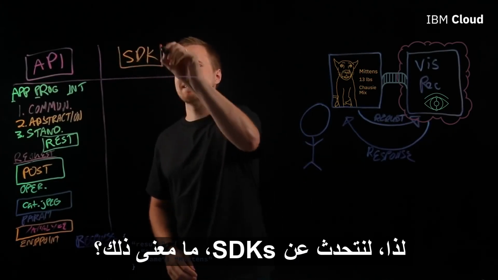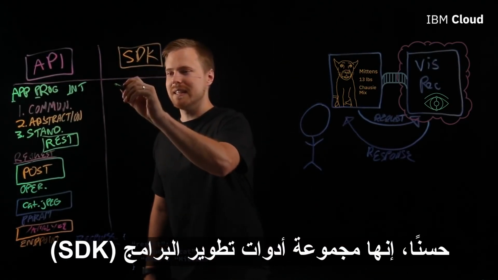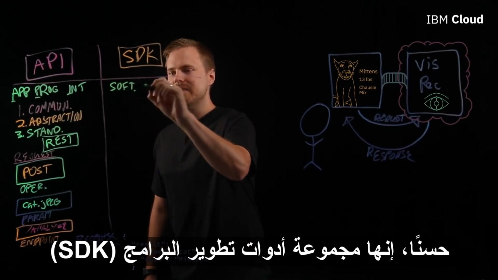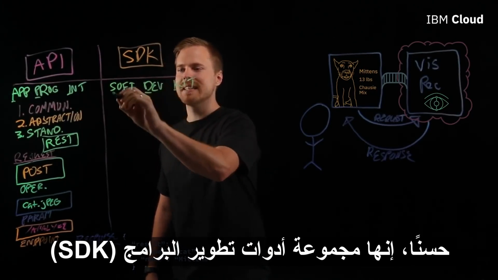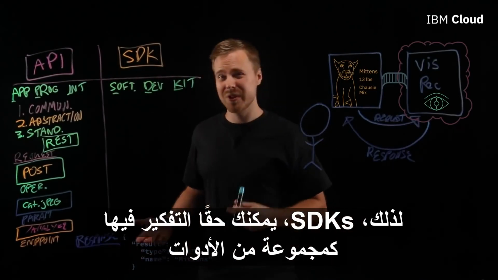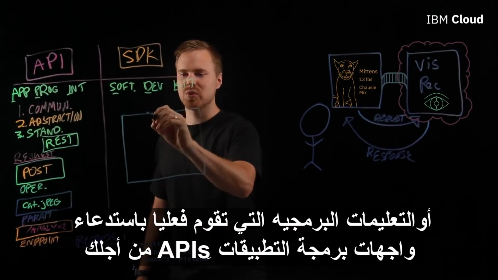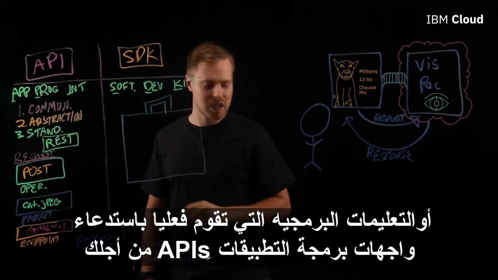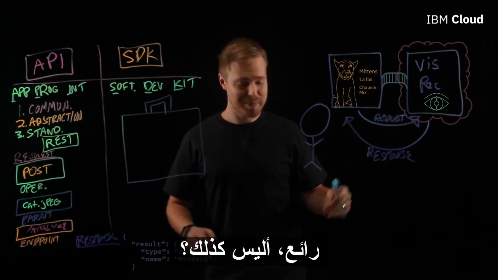So let's talk about SDKs. What does that stand for? Well, it is Software Development Kit, SDK. Pretty straightforward, right? SDKs you can really think of like a toolbox of tools or code that actually call APIs for you. Pretty cool, right?